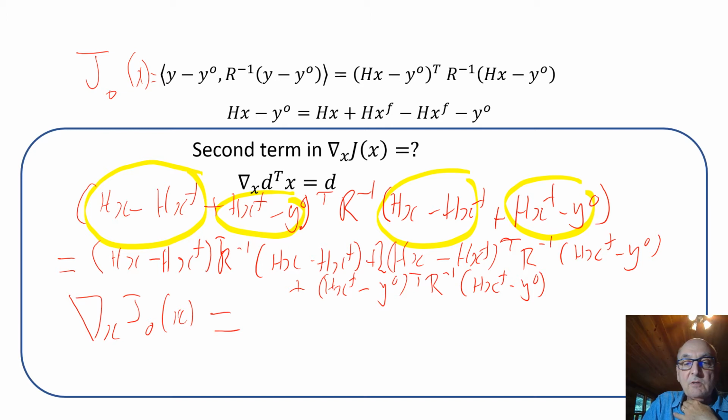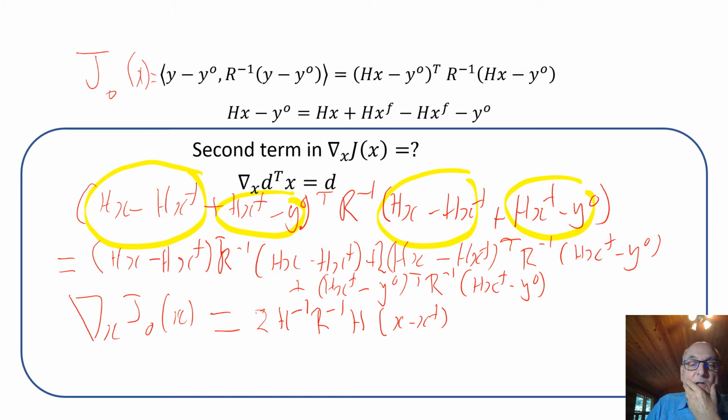The first term is going to be just like, well, sorry, it isn't just like it because of the h, but I can take the h here and factor the h out, right? And then actually what I end up with is the derivative is going to be, you can check this, 2h inverse r inverse h, right, times applied to x minus xf.